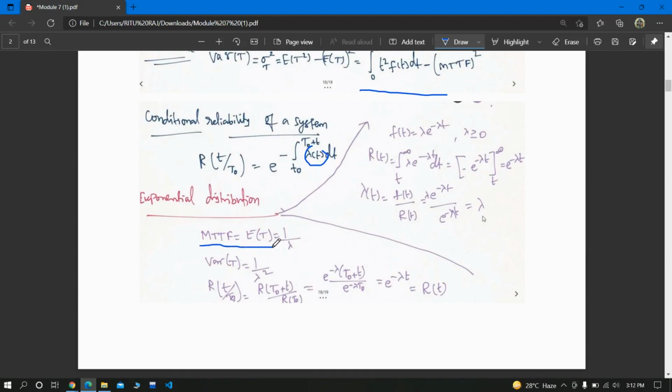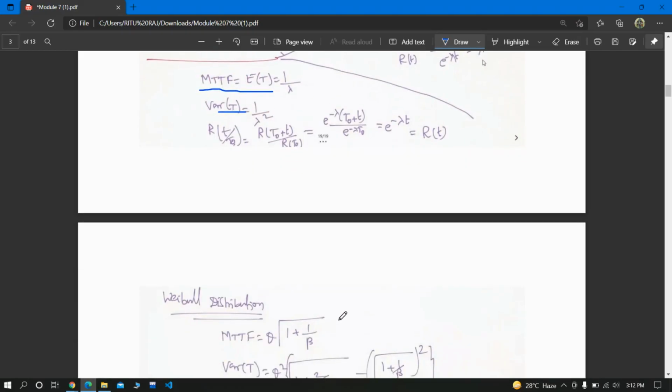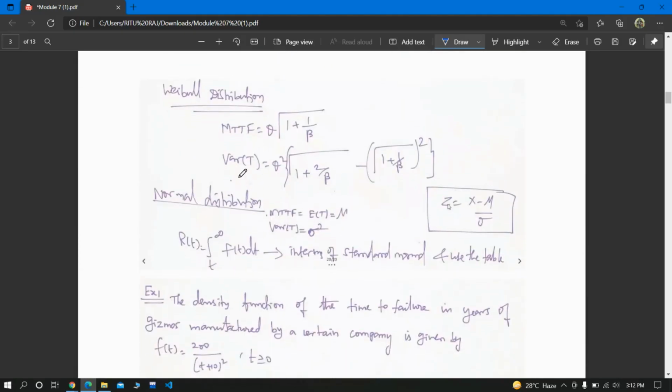The MTTF, that is the mean, would be 1 by lambda, and the variance would be 1 by lambda square. Remember these things, just these would be enough for you. The final formulas: MTTF is 1 by lambda, and variance is 1 by lambda square. That's it.